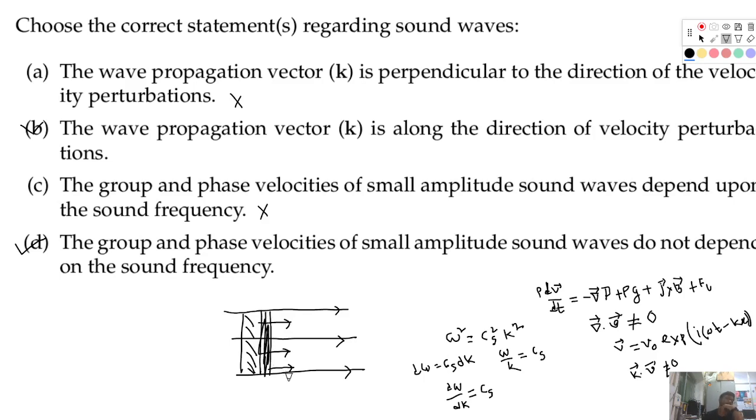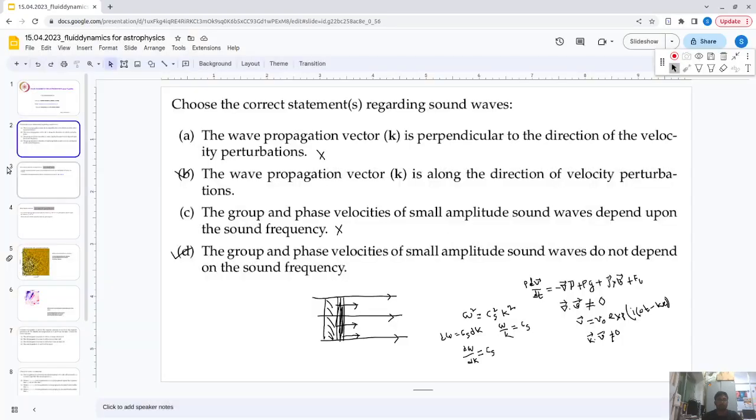This way it will perturb plasma only, but it will not perturb the magnetic field as it propagates through the medium. Okay, so this is the discussion about the first problem which we have.